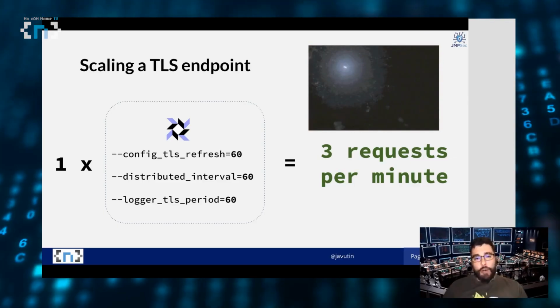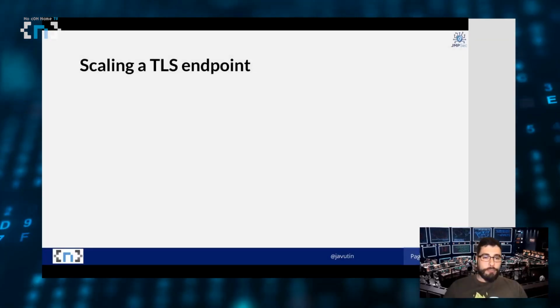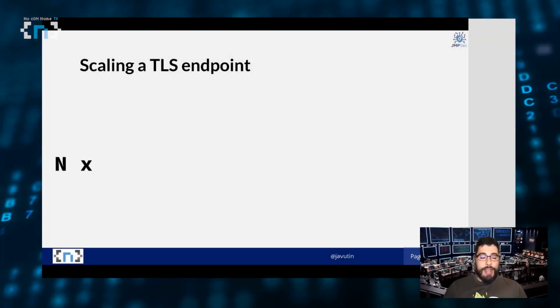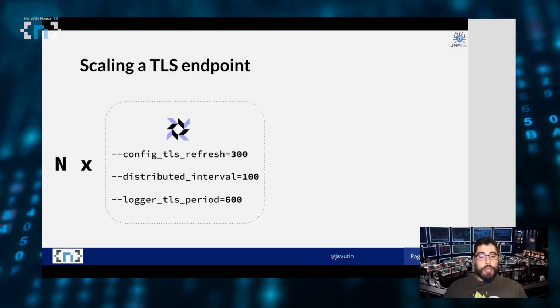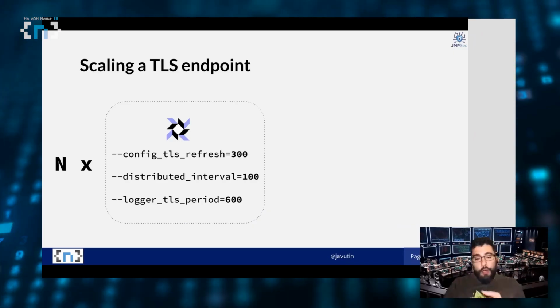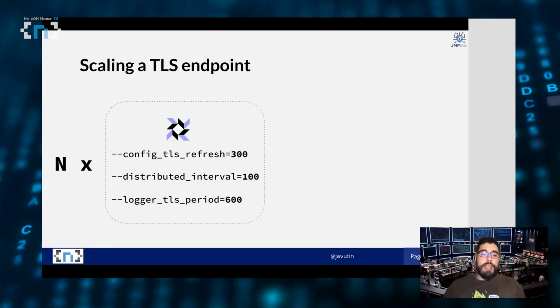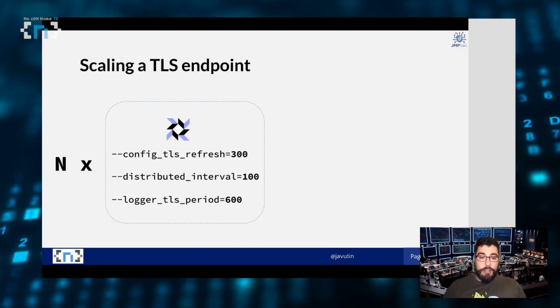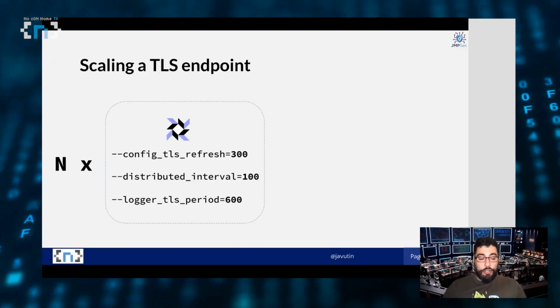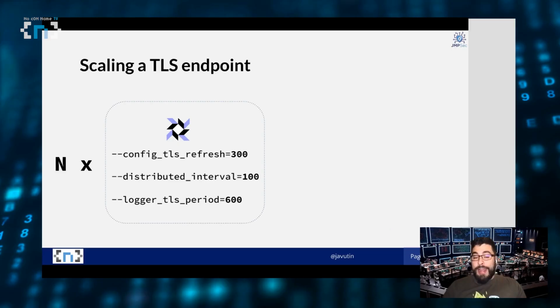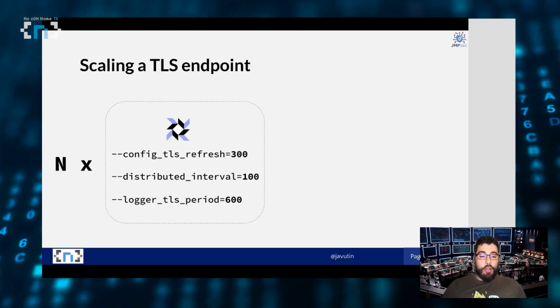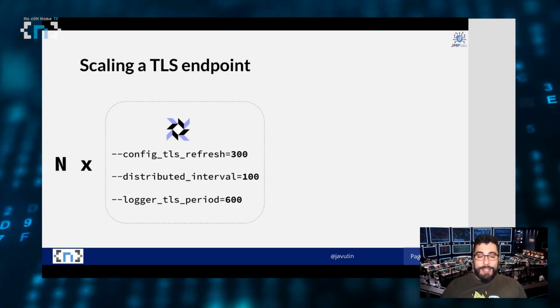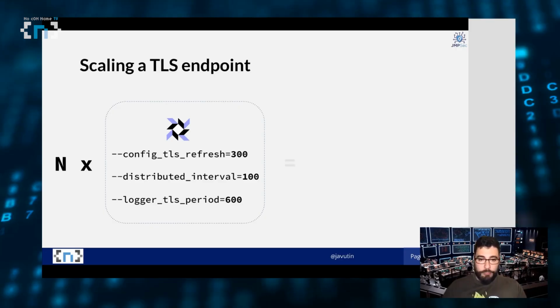So how does it work in those cases? Let's say that we have an n number of osquery nodes that are configured with different values. In this case, the refresh of configuration is done every 300 seconds. The distributed interval happens every 100 seconds, and then the logs are retrieved every 600 seconds, every 10 minutes.